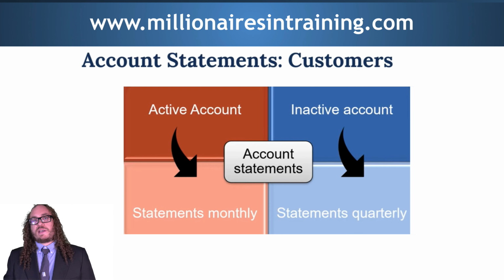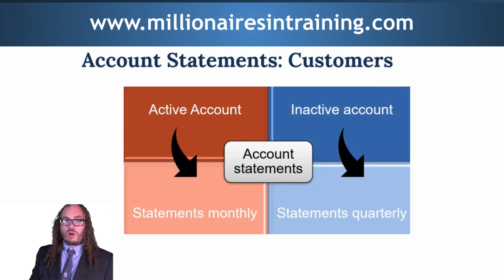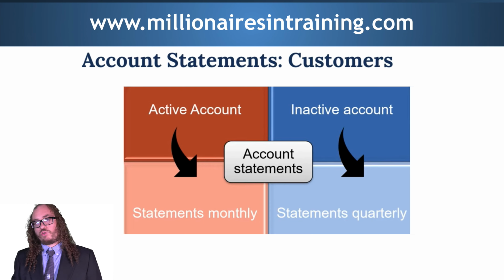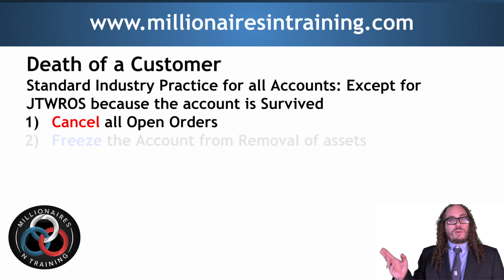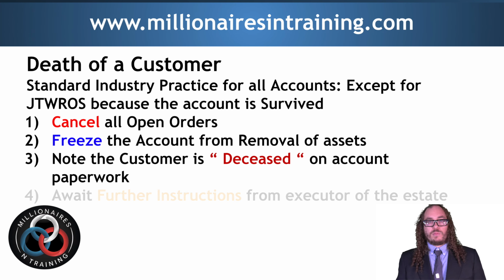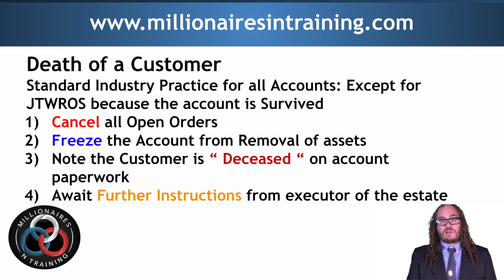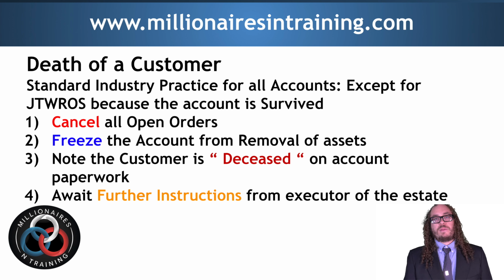What happens if an investor passes away? So during the death of a customer, for all individually owned accounts except for joints with rights of survivorship, we'll cancel all open orders, freeze the account from removal of assets, note the customer is deceased on the paperwork, and then await further instructions from the executor of the customer's estate.